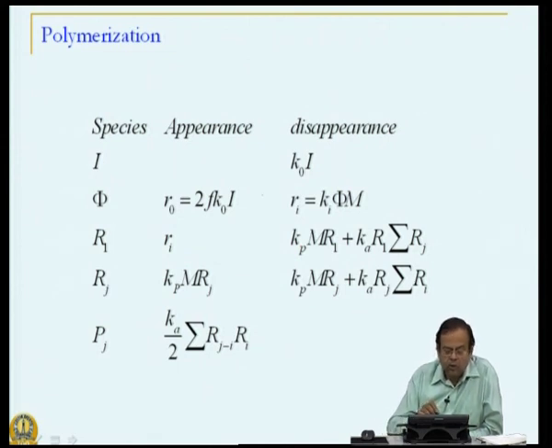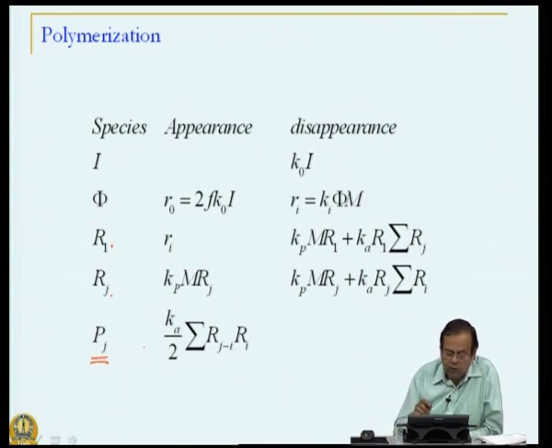It is writing for a given species its appearance and disappearance rate. So, we have the initiator radical, live polymer R1, live polymer Rj, and the polymer Pj, which in this particular case is formed from live radicals R1 and R2 combining.